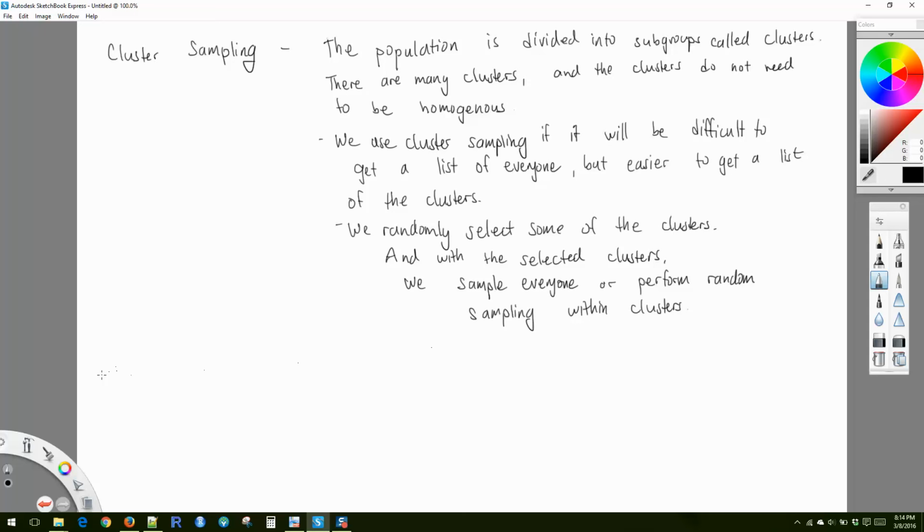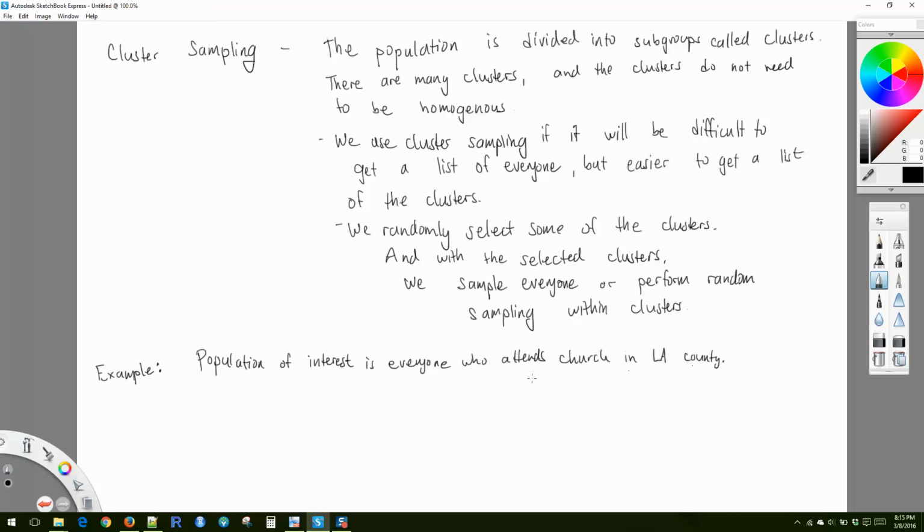So for example, let's say your population of interest is everyone who attends church in LA County.